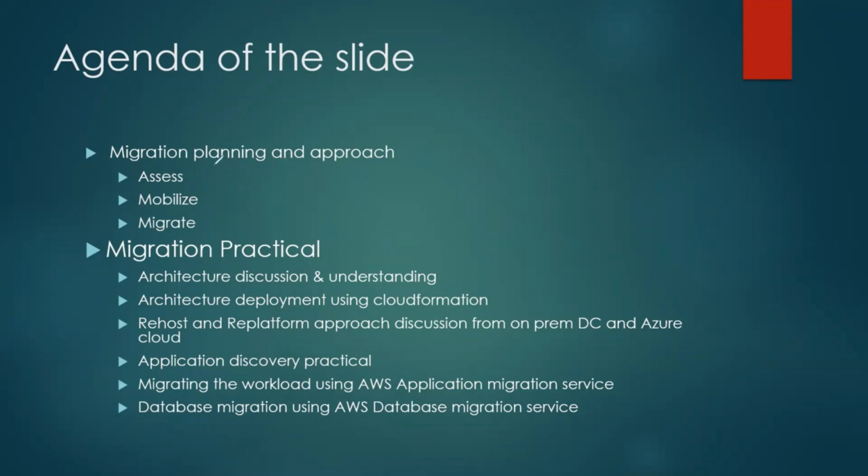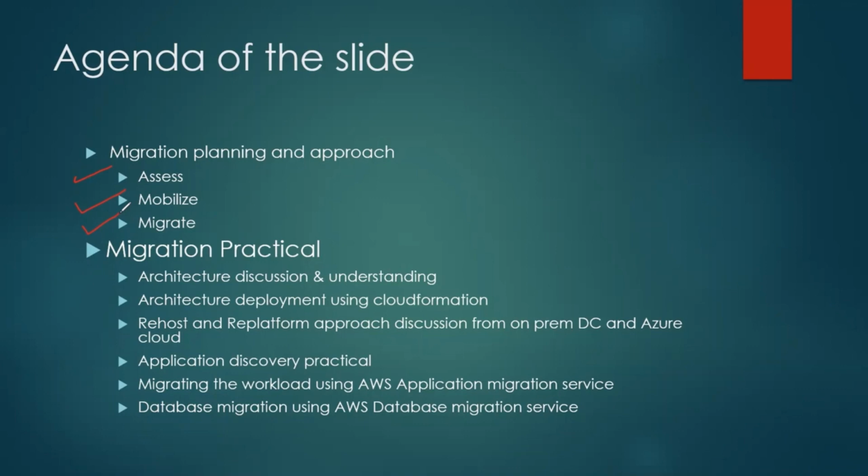For migration planning and approach, we will start with assessment of the current environment and how we can mobilize it and then migrate it. These are the basic concepts: how we assess the current environment of the customer, and then using various tools, we mobilize it, and we provide various ways to create business cases and assessment, and how we can move forward so that the customer can have a clear picture and transparency out of it.